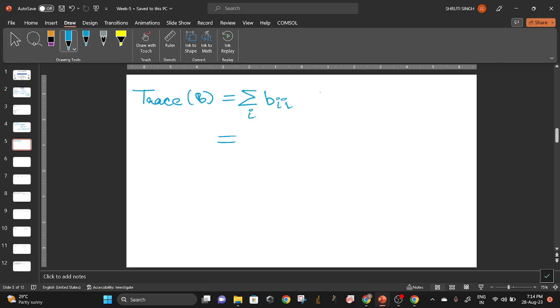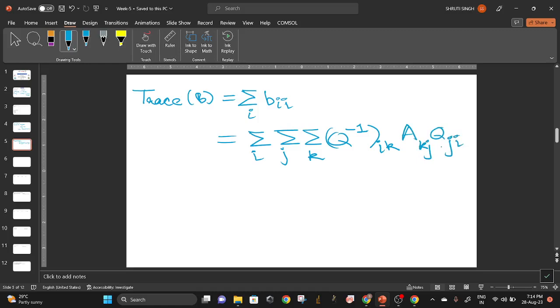Since B is equal to Q inverse A Q, we can write it as sum over i, sum over j, and this is a multiplication, so this should be k; the first index should be j.